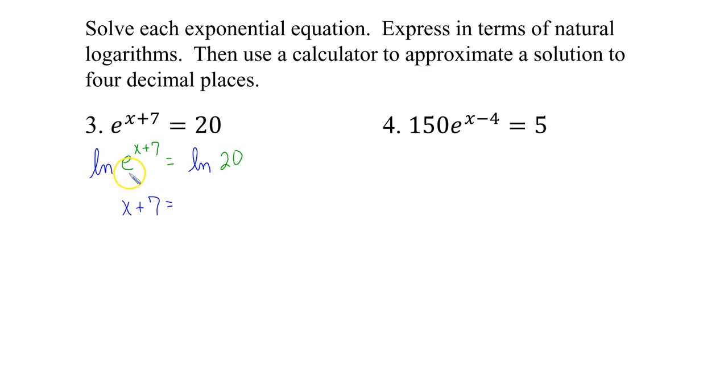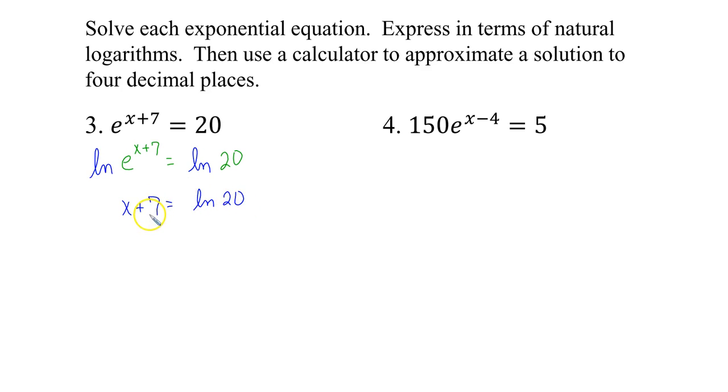So the natural log of e to the x plus 7, the natural log and e cancel each other out, and we just get that x plus 7 is equal to the natural log of 20. Now, because it does tell us to express this answer again in terms of natural logarithms, I'm going to leave this here.